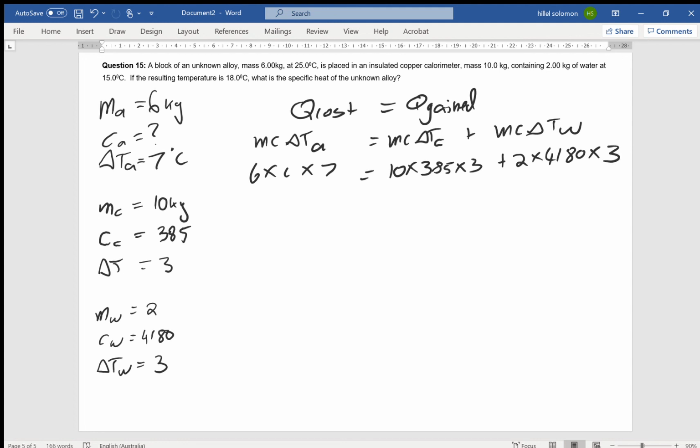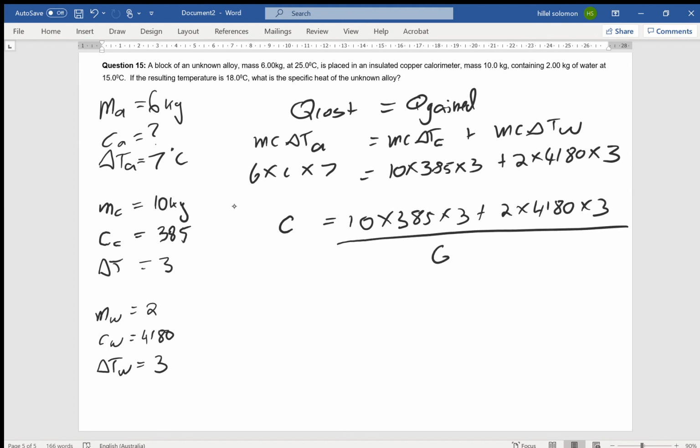That means we can rearrange this and we can say C is equal to 10 times 385 times 3 plus 2 times 4180 times 3, divided by 6 times 7. And let's calculate that. So the numerator there, I've got 10 times 385 times 3, and I'm going to add that to 2 times 4180 times 3.